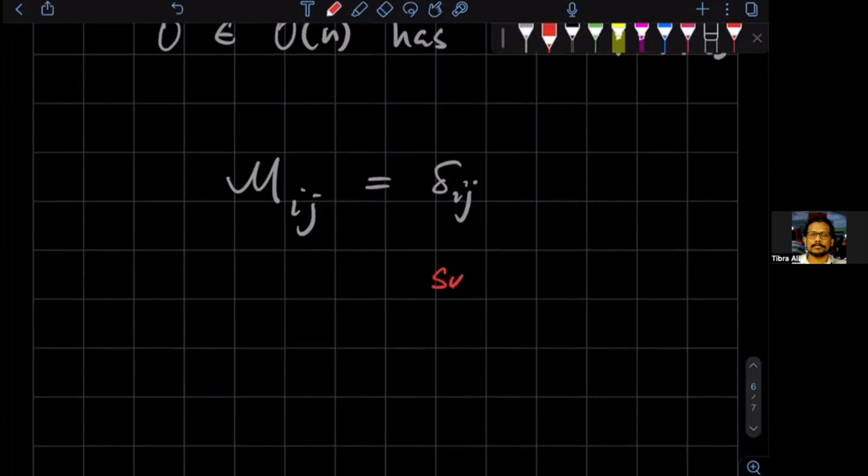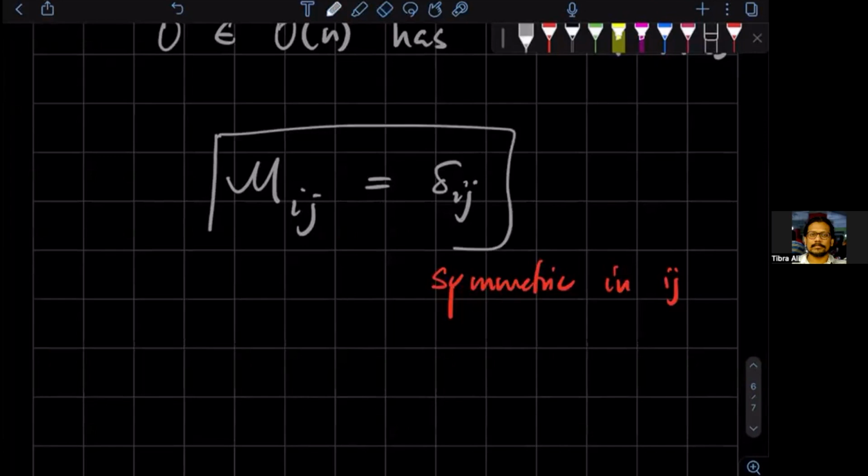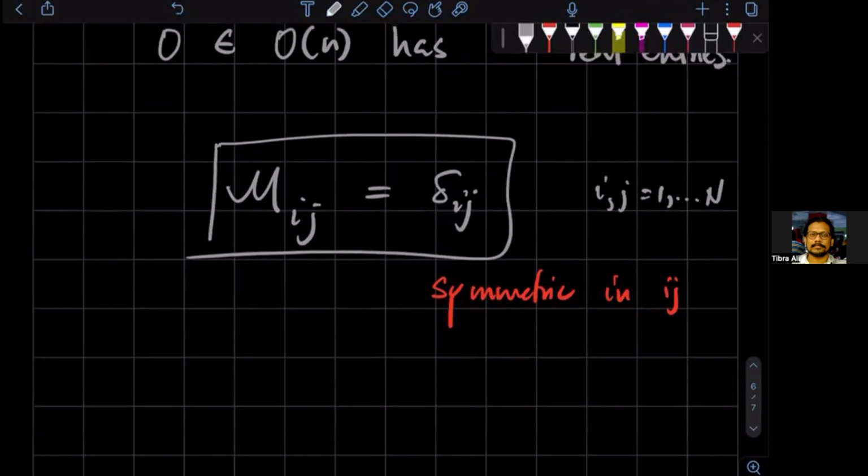If the left-hand side is symmetric in i and j, then the right-hand side is also symmetric, right? So if that is the case, how many equations are here, if i and j go from 1 to n, or small n?